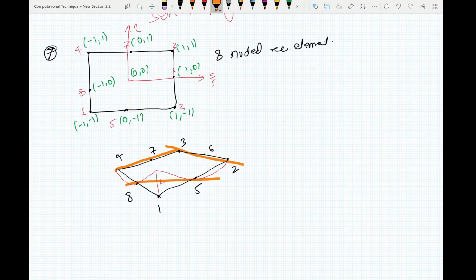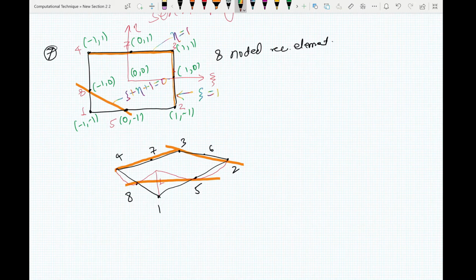So to find equations of this line and this line here, this is eta equals 1, this line is xi equals 1. Now this line is xi plus eta plus 1 equals 0. This is the equation here.